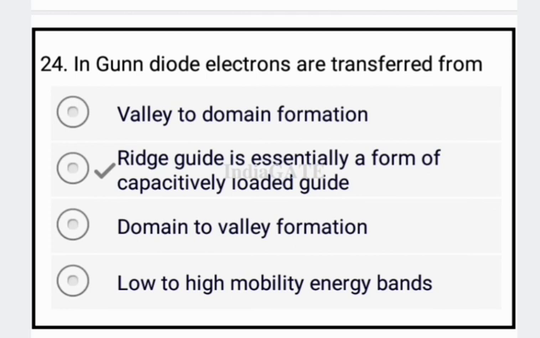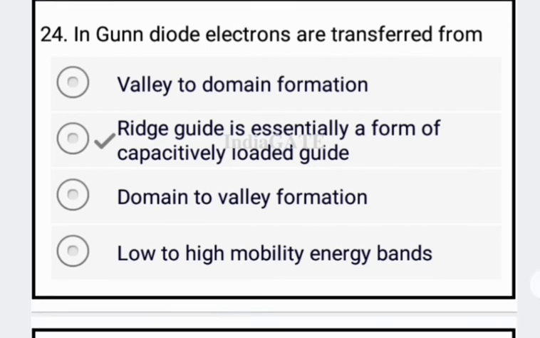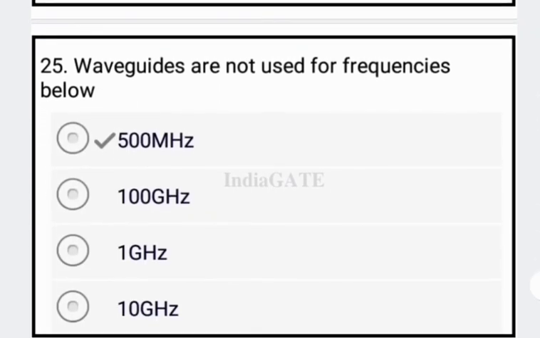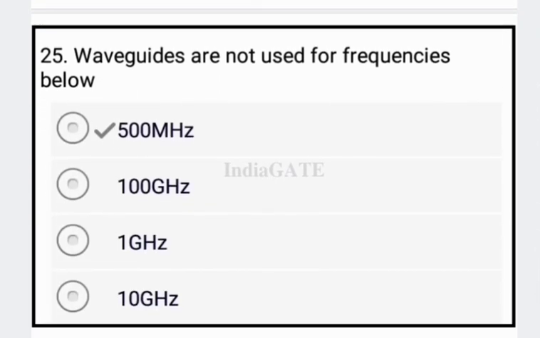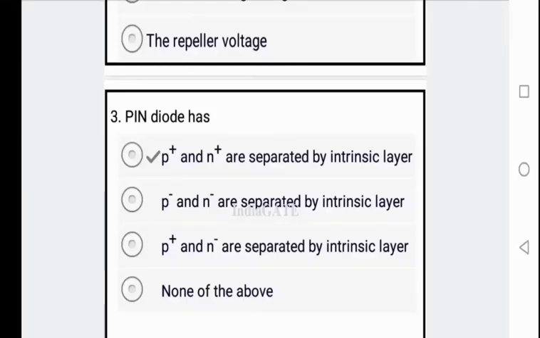Option B is correct. Next question. Waveguides are not used for frequency below 500 megahertz. Next question. PIN diodes have, the correct answer is option A, P positive and N positive separated by an intrinsic layer.